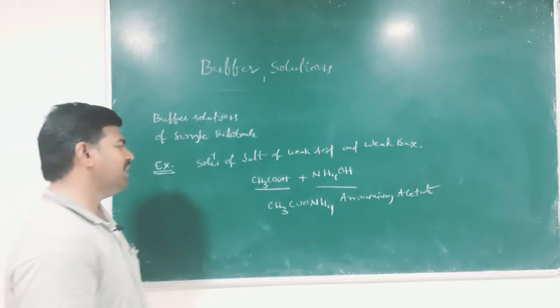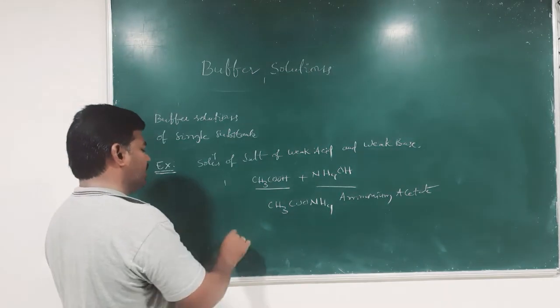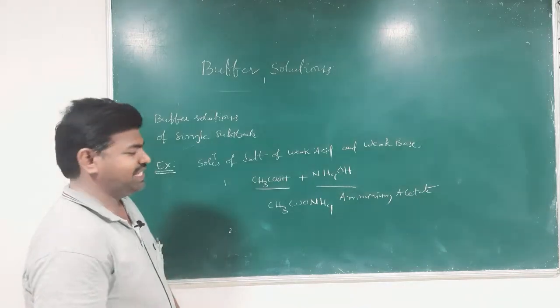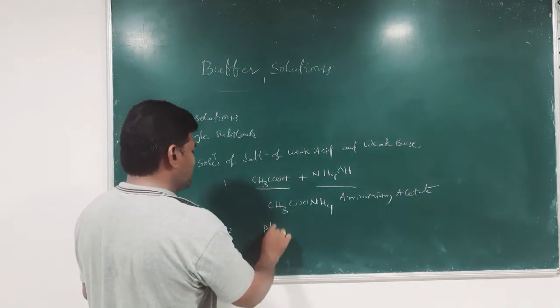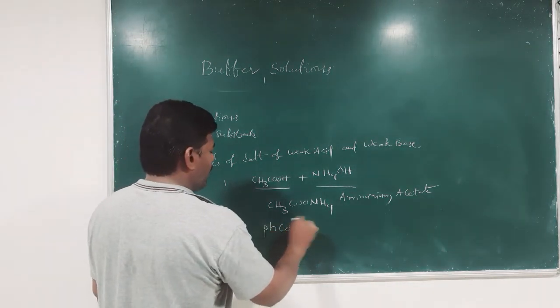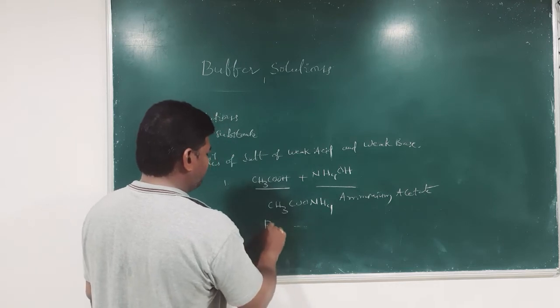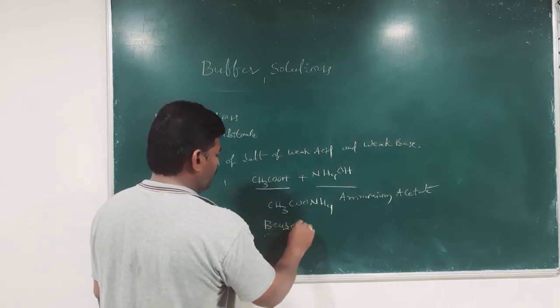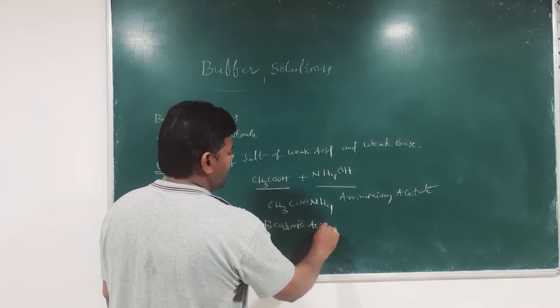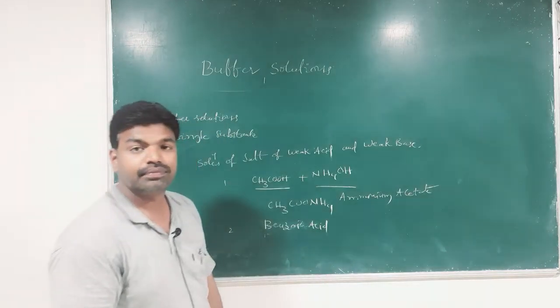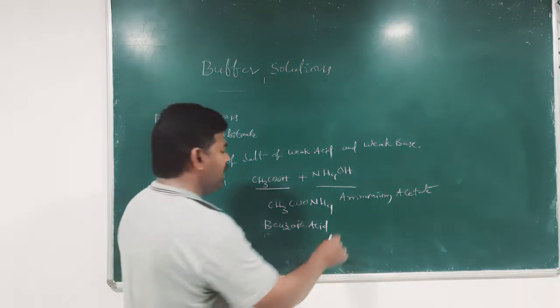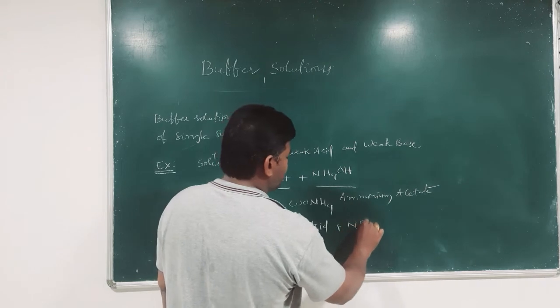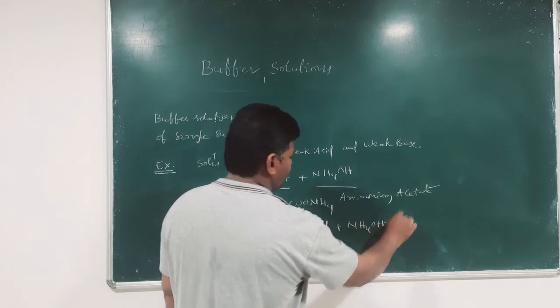Okay, and one more example is benzoic acid. Benzoic acid is the best example for a weak acid, and ammonium hydroxide is the best example for a weak base.